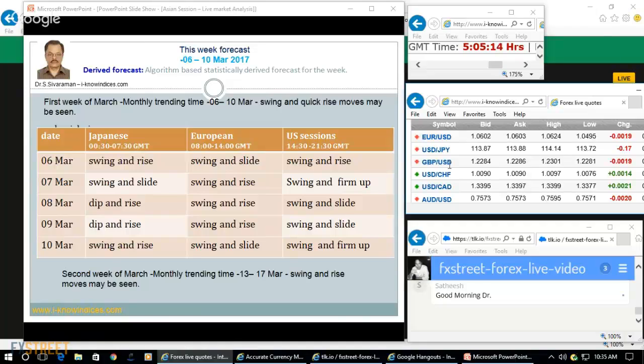Suppose you are trying to take a position in the Euro GBP cross. They might hold the Euro and make a quick move in GBP. If you have committed a position in Euro, your patience will be tested because it will be consolidating, whereas GBP might be making a big move.